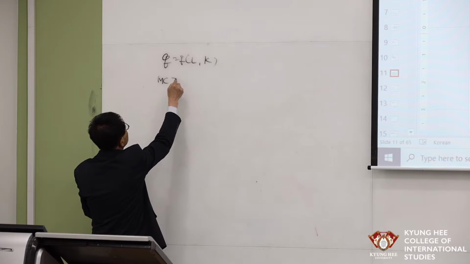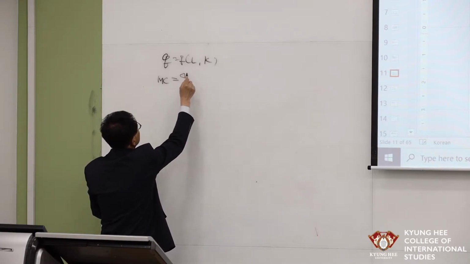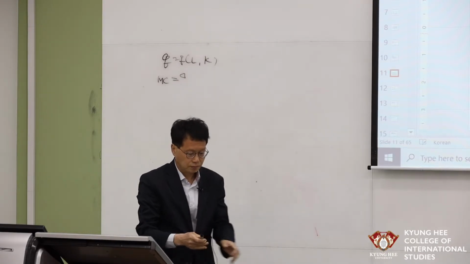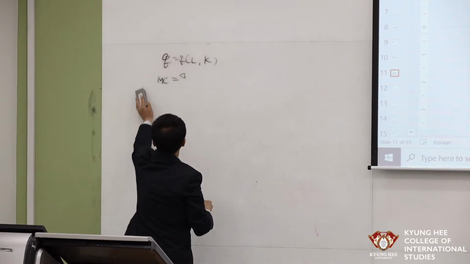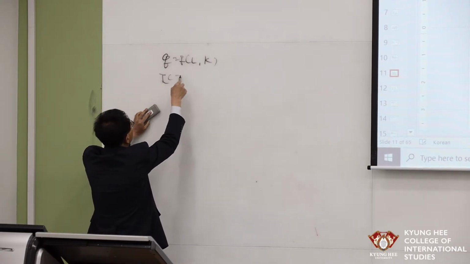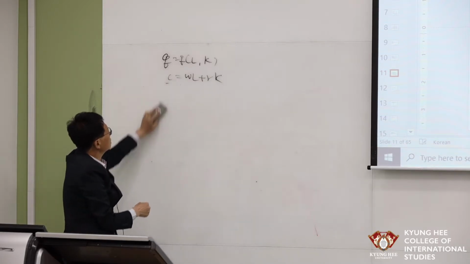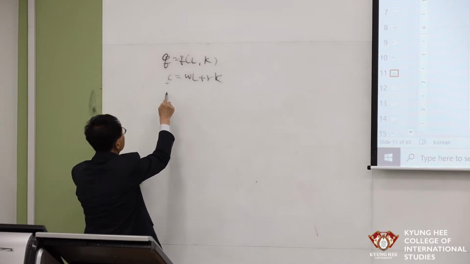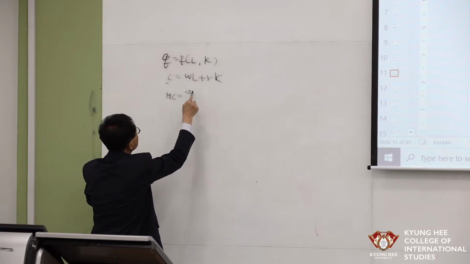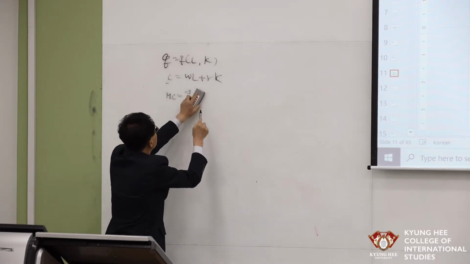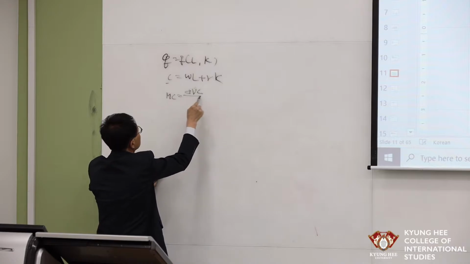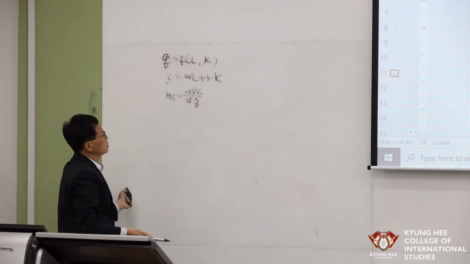So marginal cost, when the production function is, for example, this kind of thing. In the short run, total cost is WL over RK, right? Marginal cost is change in variable cost over change in Q, right?